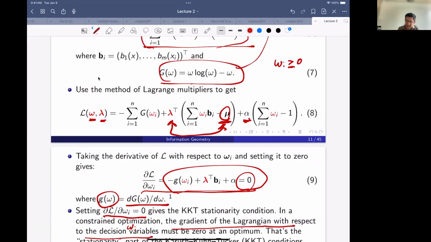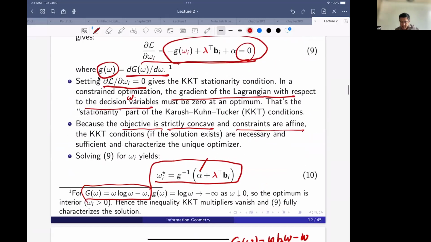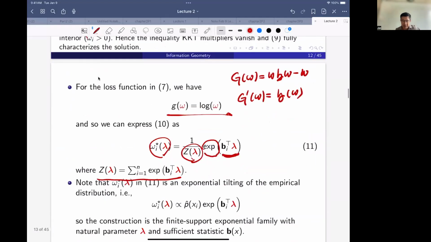But alpha is not a parameter. Alpha is just a normalizing constant, in the sense that it's automatically chosen once you determine your lambda. So you don't have any control over the choice of alpha, because alpha must be chosen from the choice of lambda. So as you can see, this guy is completely determined by lambda.